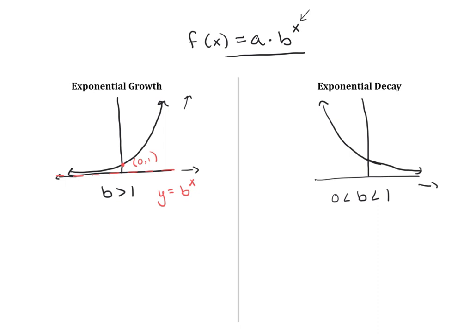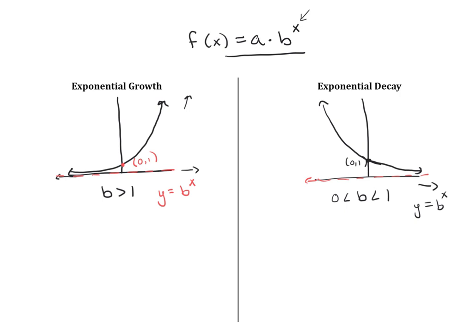As x approaches infinity, y approaches 0, but as x approaches negative infinity, y approaches infinity. This also has the y-intercept of (0, 1), when we're looking at y equals b to the x, where a is just 1.